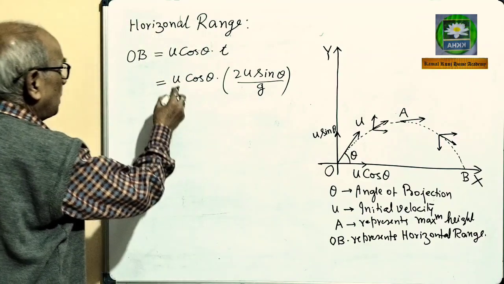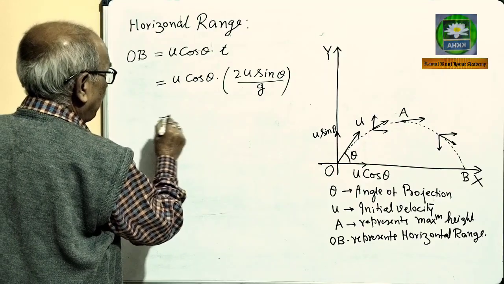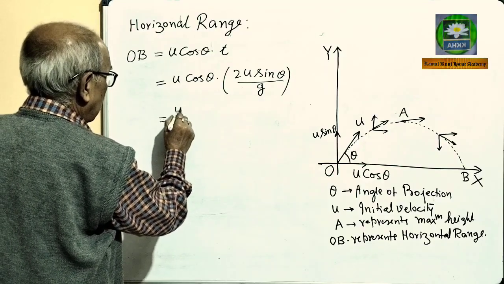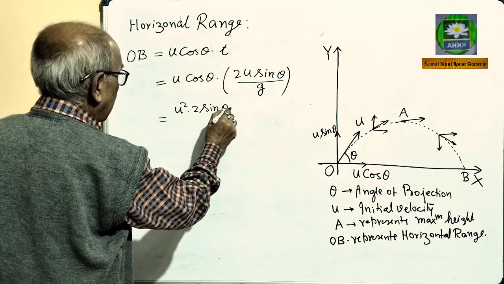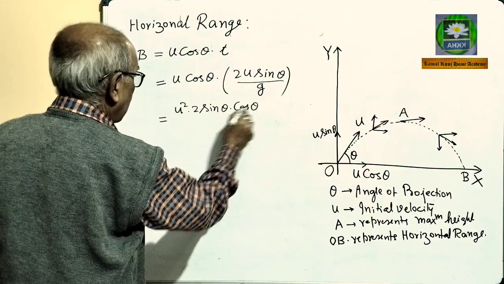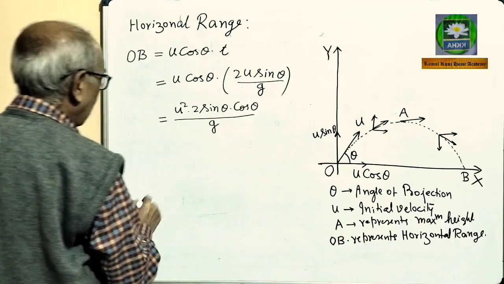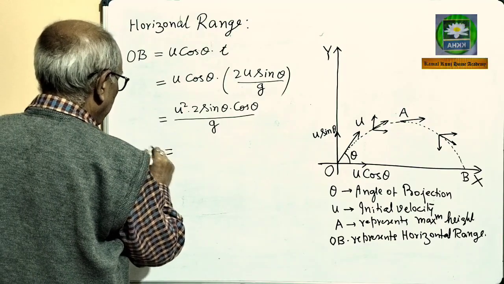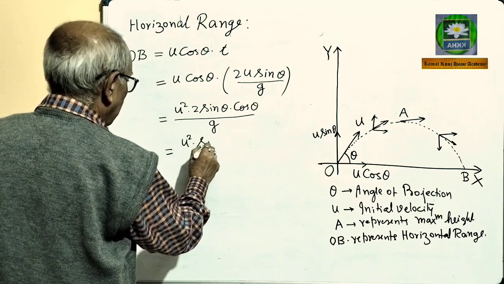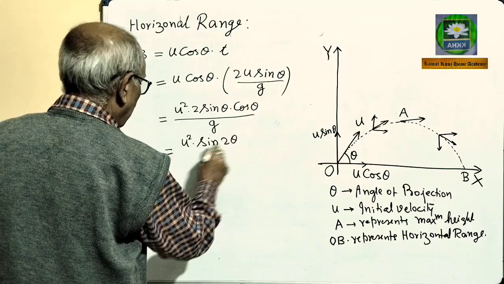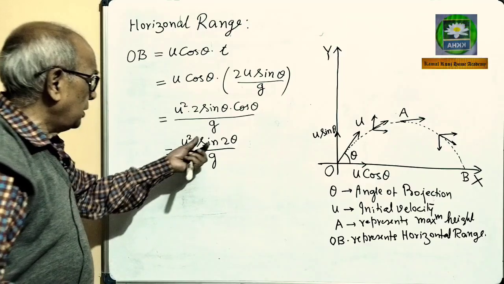So OB is equal to horizontal velocity into time. So this is equal to u square twice sin theta into cos theta upon g, and this is equal to u square sin 2 theta upon g, because twice sin theta into cos theta is sin 2 theta.